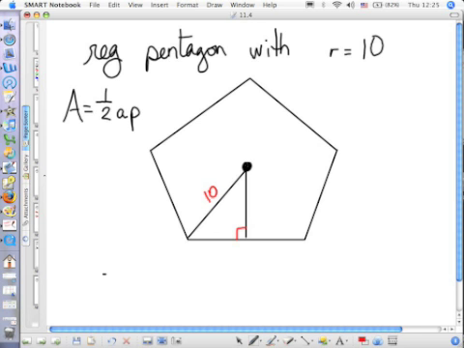Okay? All right, we can also find this angle. How would we find that angle? 180 divided by 5. That's 36.